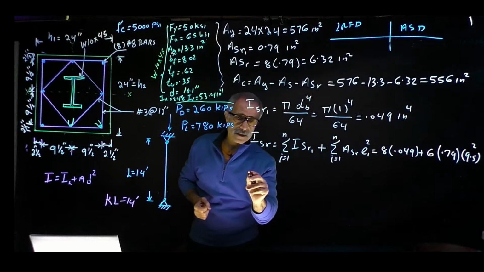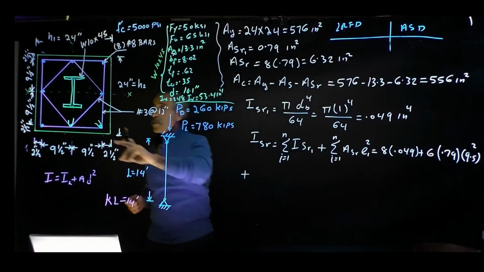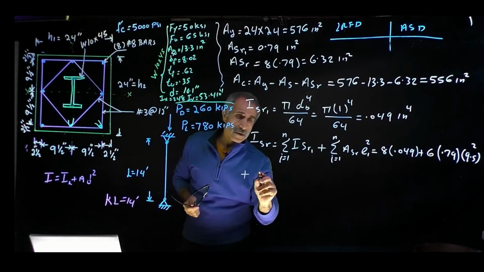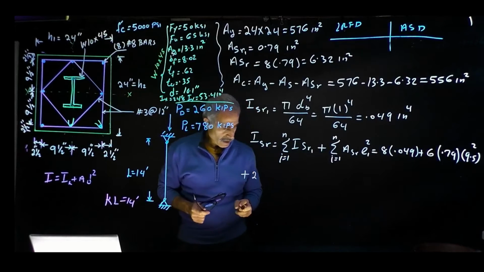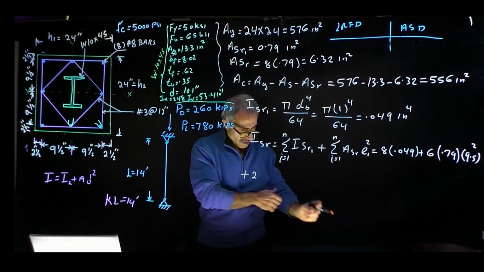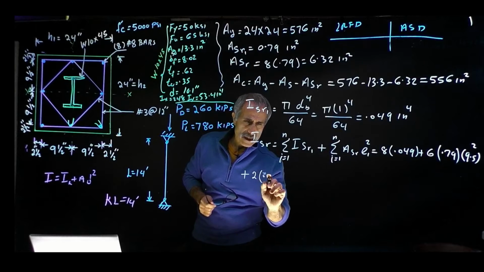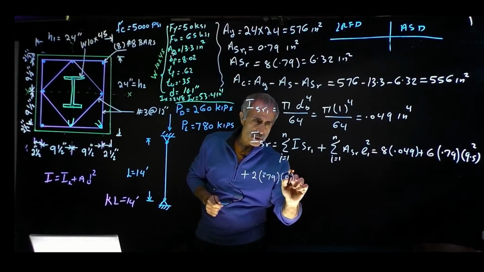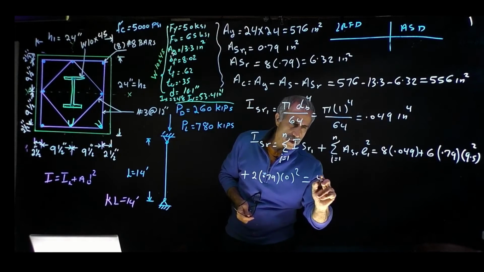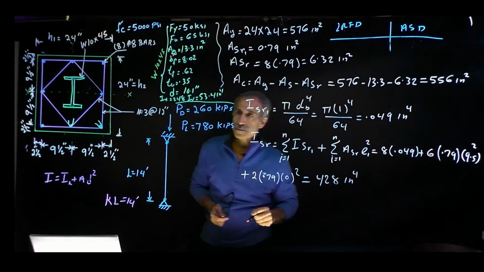Then plus we have 2 more remaining, 1 here and 1 there, so it's going to be 2 times 0.79 times 0 squared, because the distance for these two is 0, which equals 428 inch to the power 4.